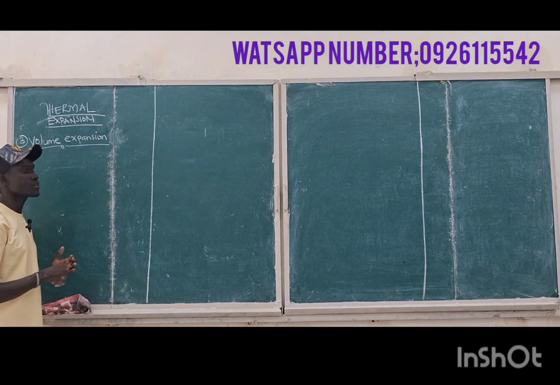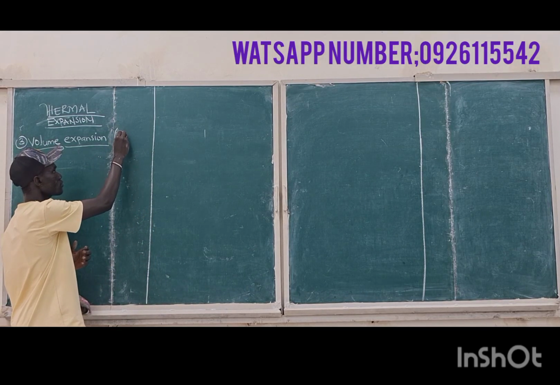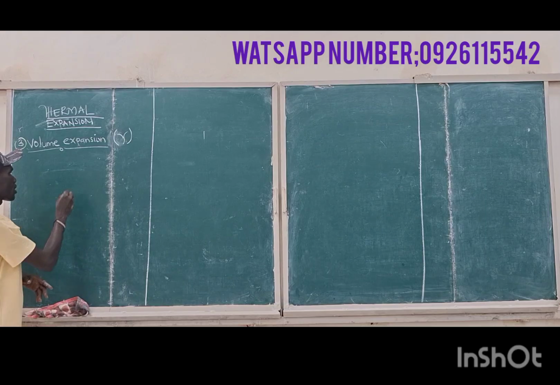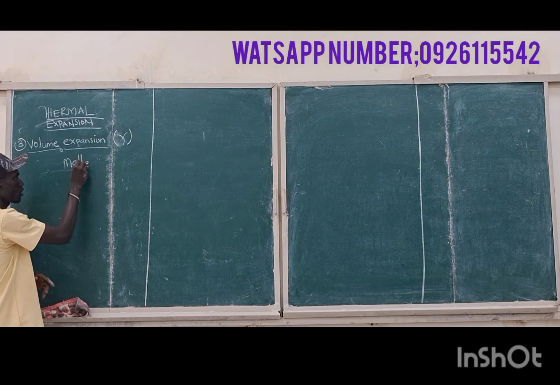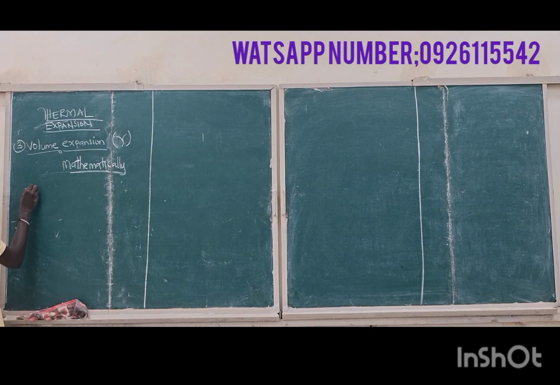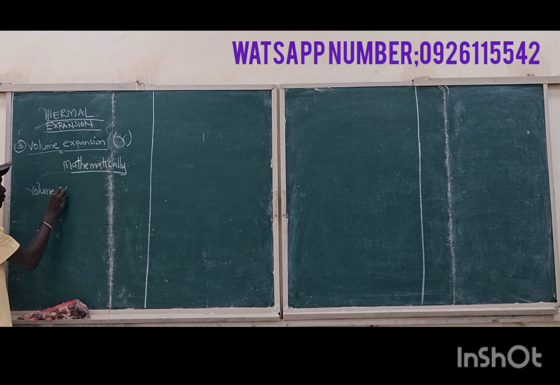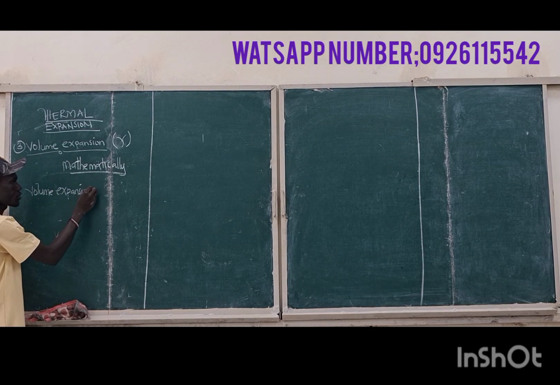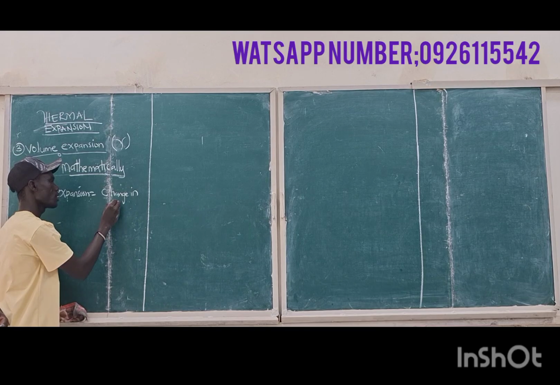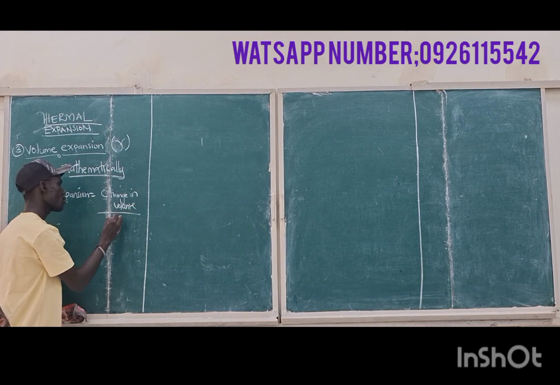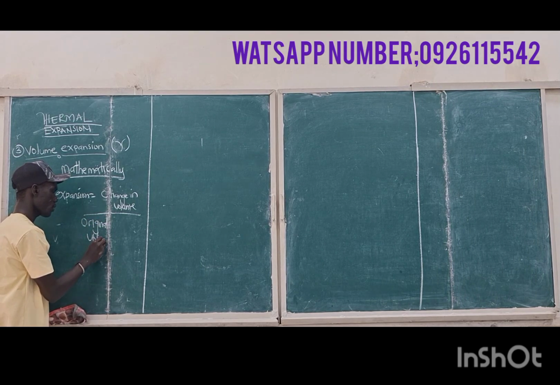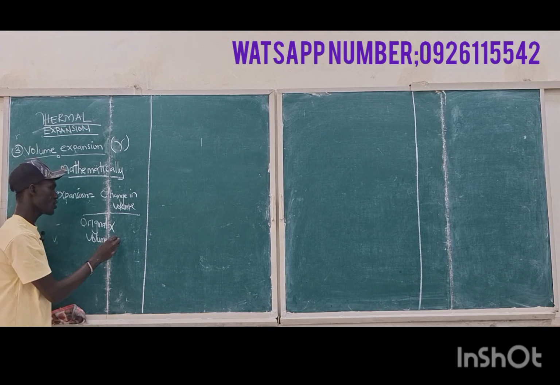So volume expansion is represented with the Greek letter gamma. This is the Greek letter for representing volume expansion. Mathematically, we say that volume expansion is equal to change in volume per unit volume, which is the original volume, multiplied by change in temperature.